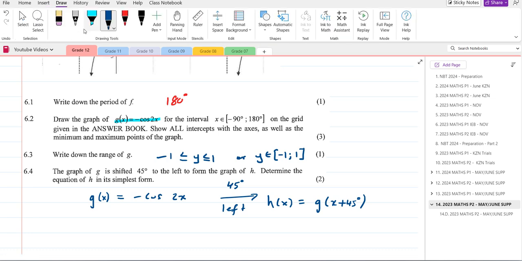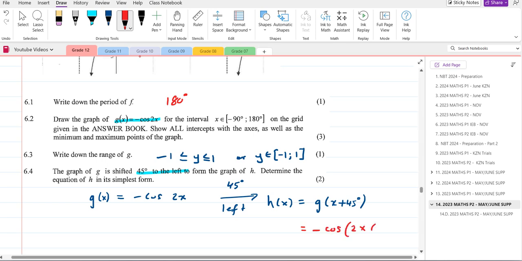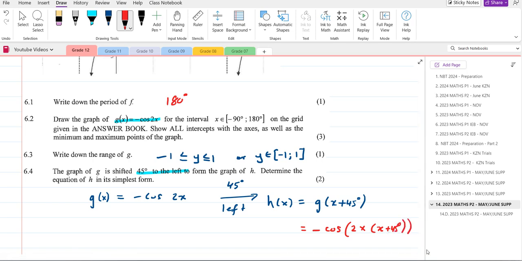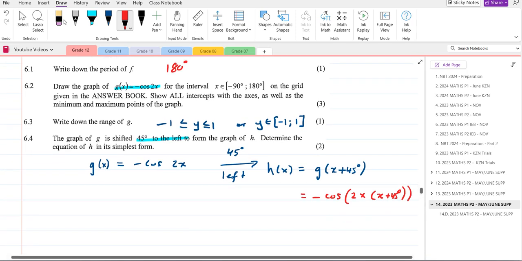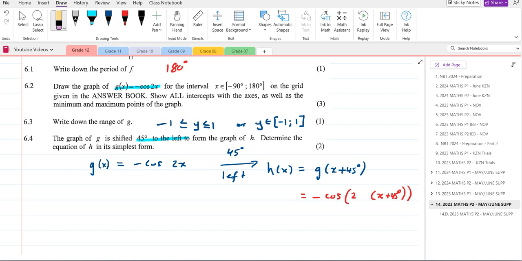Now what is g of x plus 45? In the place of x, I replace it with x plus 45, so negative cos 2 times x plus 45 degrees, all still in brackets. Remember it's 2 times, so I replace the x with x plus 45.